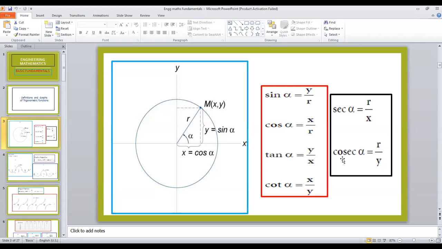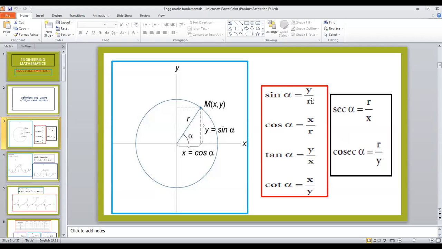So the main trigonometric ratios are sine alpha, cos alpha, and tan alpha. So tan gives us the relation between sine and cos. So in trigonometry, sine alpha and cos alpha are the kings of the whole set of trigonometric formulas. Okay.